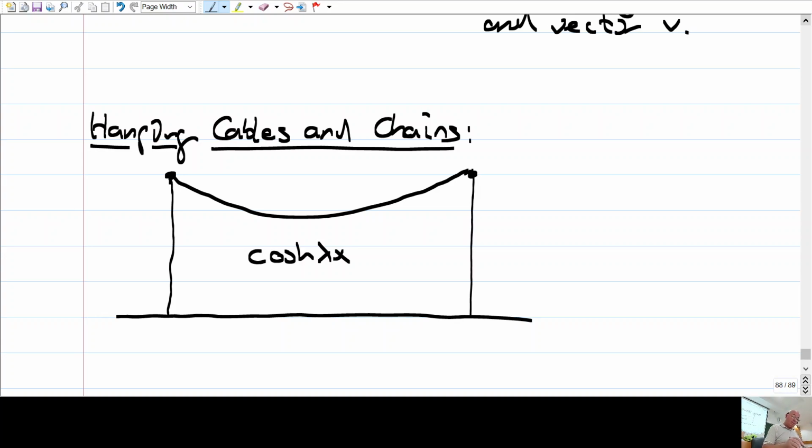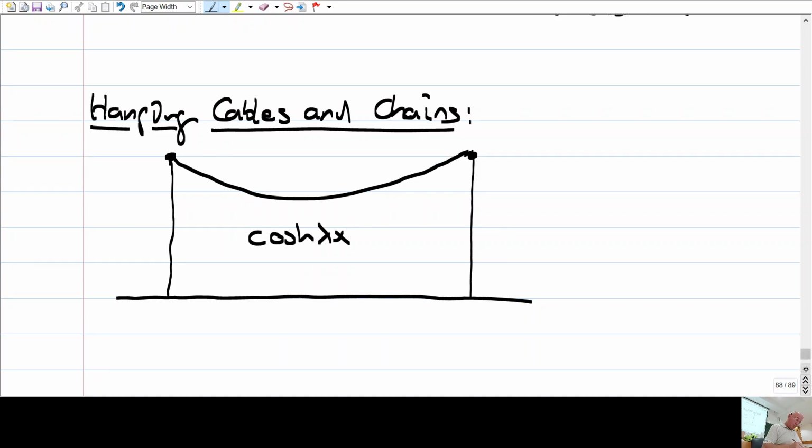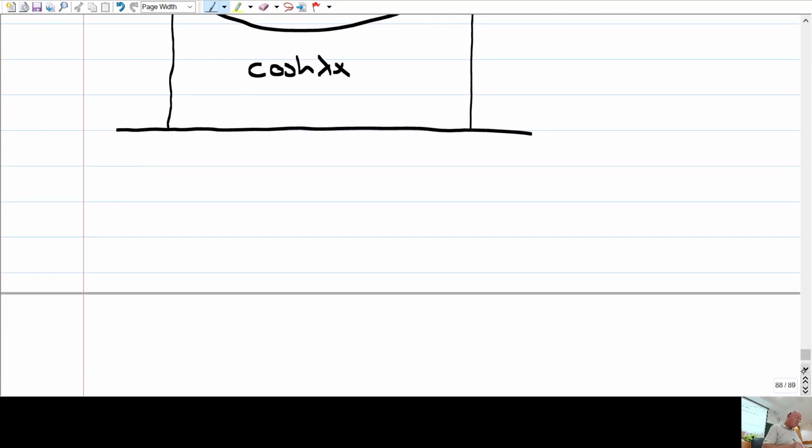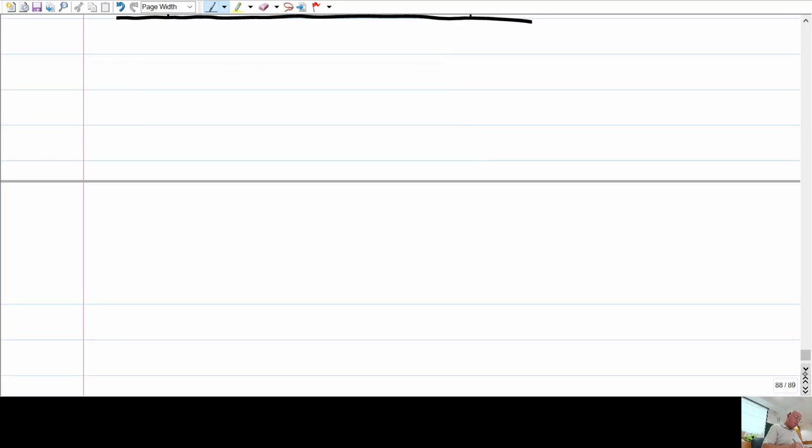I'll copy paste it so that you will have that note over here. The dot product and projections.